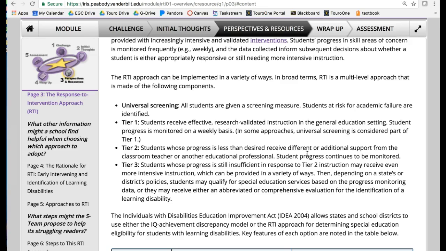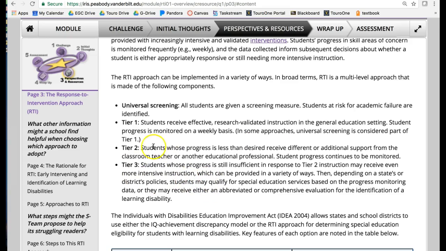So this could be kind of a pull-out, small group instruction around some concept that you're teaching. It could be additional support as you walk around the room. It could be flashcards so that they can learn whatever that skill is. And you'll continue to monitor their progress and keep track. Is their progress, are they improving? Are they getting worse? Or are they staying the same?